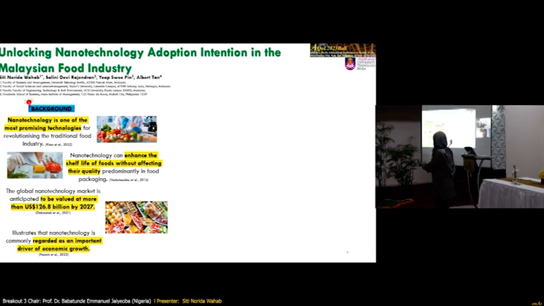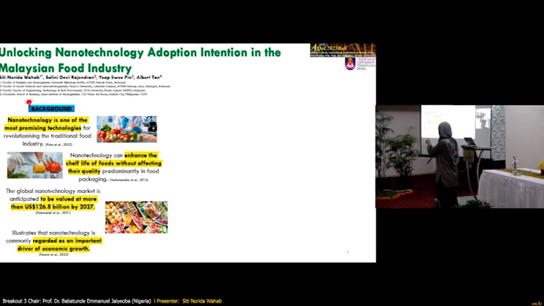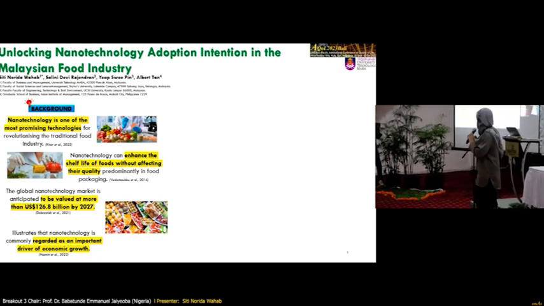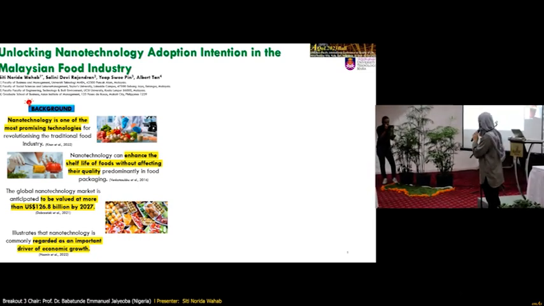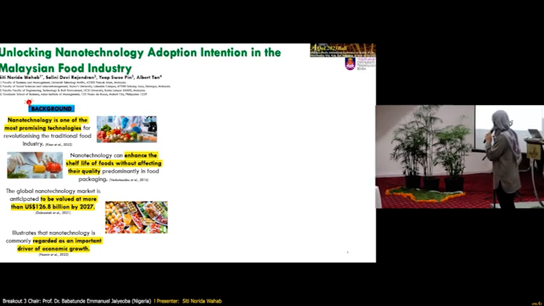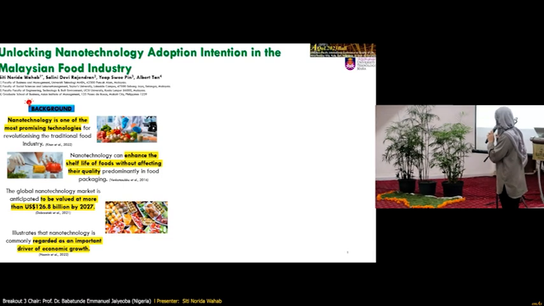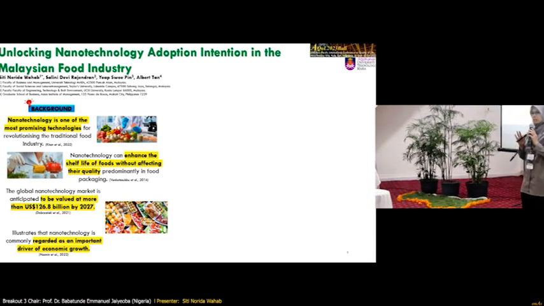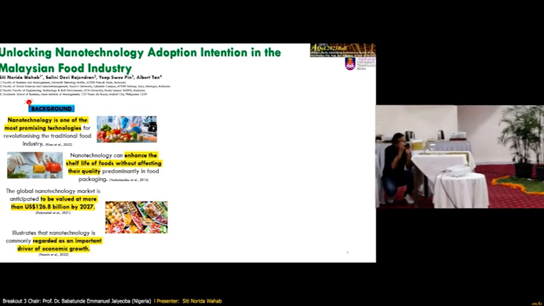Alright, moving on. This nanotechnology, I believe everybody is familiar with, right? Okay. So basically, when we are talking about nanotechnology adoption in Malaysia, it's very new, and it can enhance the shelf life of food without affecting the quality. This is the most important thing that we have to highlight here.